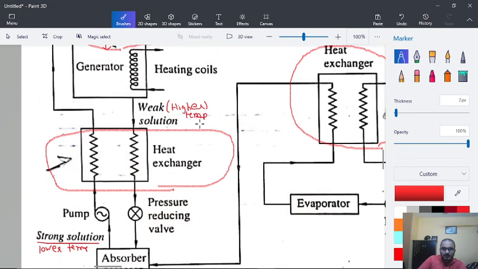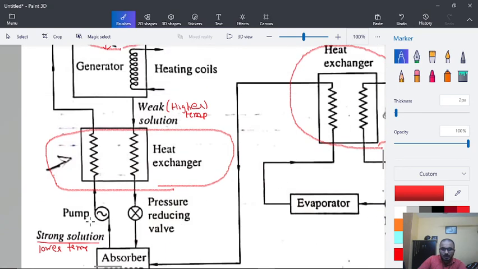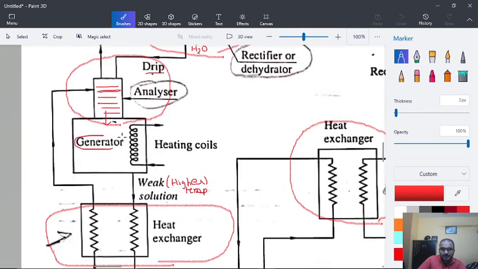So these have two opposite temperature characteristics, and we have put a heat exchanger here. The strong solution will get heated through this heat exchanger and the weak solution will get cooled. Because of cooling of the weak solution, the task of cooling water reduces, and because of heating of the strong solution, the task of the generator reduces. So ultimately it improves the performance of the system.